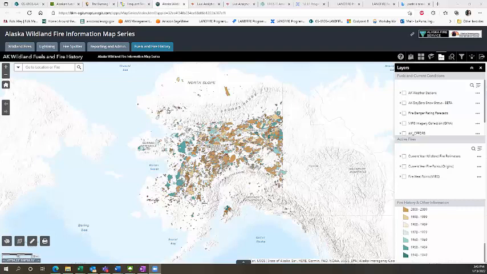But my question is, for the folks who are familiar with the charcoal history work, is this representative at all of before fire suppression, or is it still too modern for us to base it on? You were saying they were starting to pick up more fires on the North Slope with the more advanced fire detection that we have now. But based on the charcoal, it sounds like there was fire there before anyway.